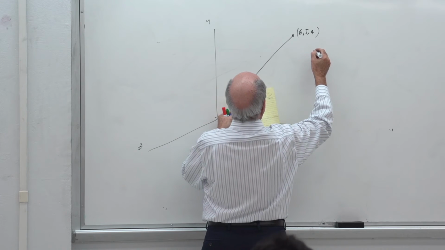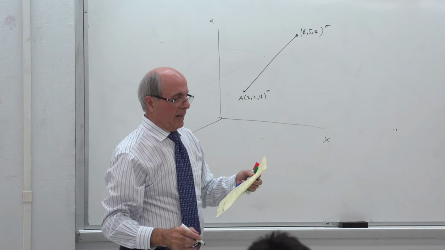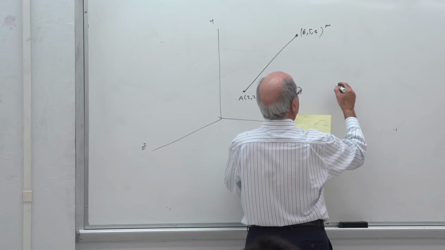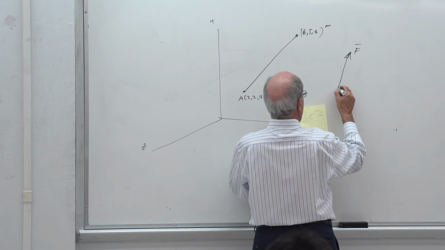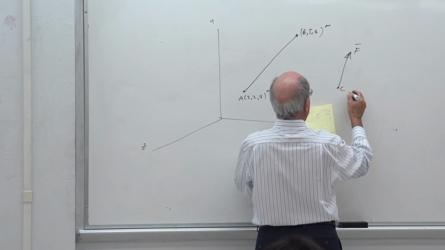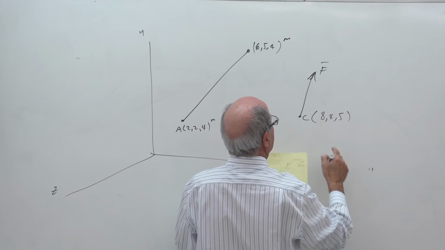These are all in meters. This is our line. And there is a force here. You can draw it any way you want. This is force F, and the point of application of that is C, and C is 8, 4, and 5 meters.